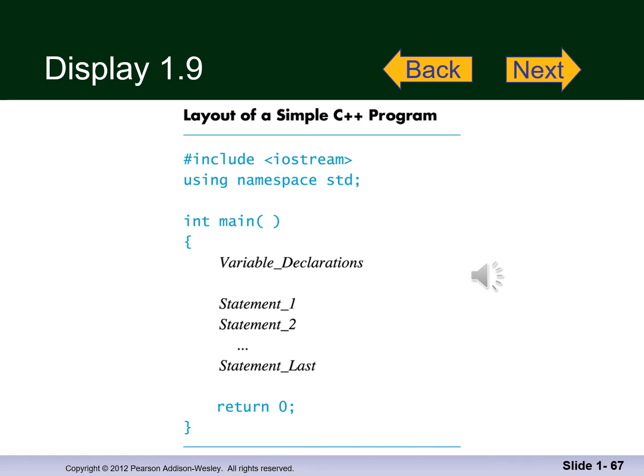And then within the braces, we have what's called the body or the scope of main. We'll start off with variable declarations, and then our statements, and then our return 0, which is actually the integer that main returns. And at this point in time, your head is probably spinning with all these details.